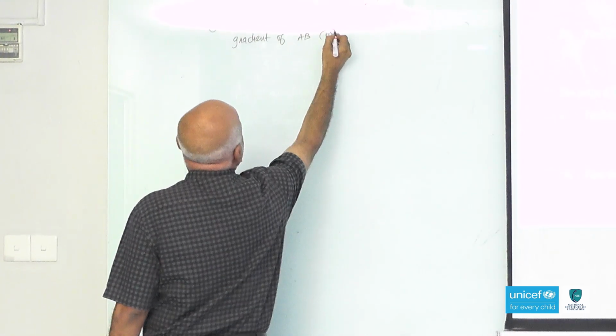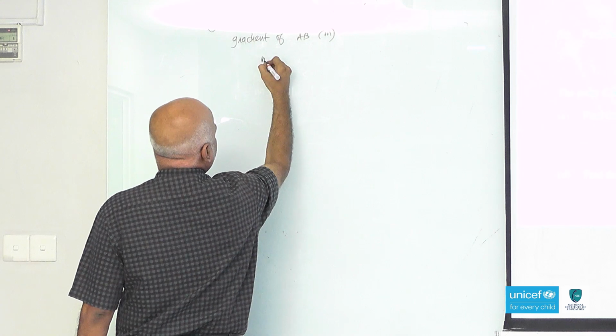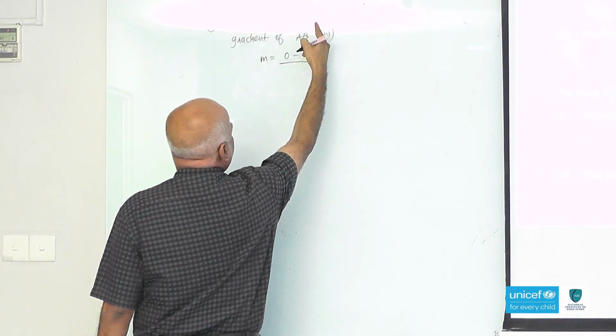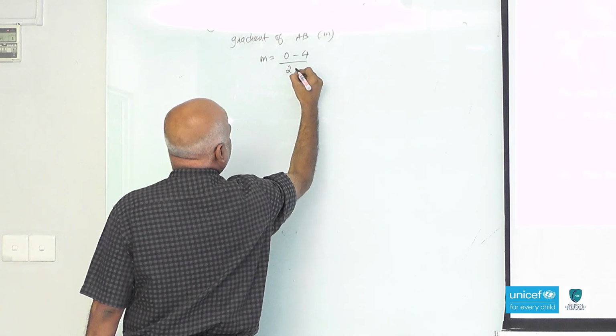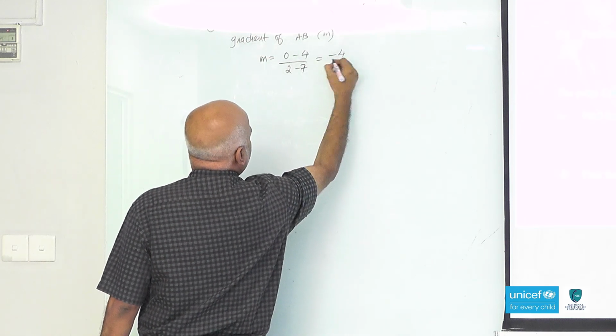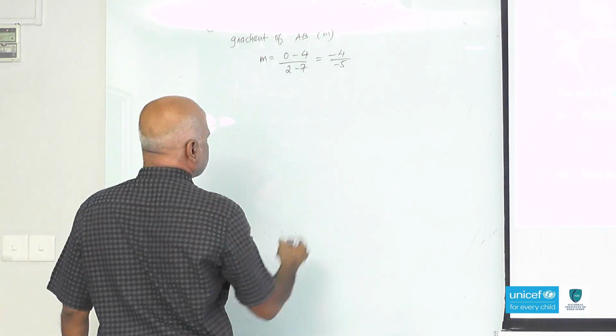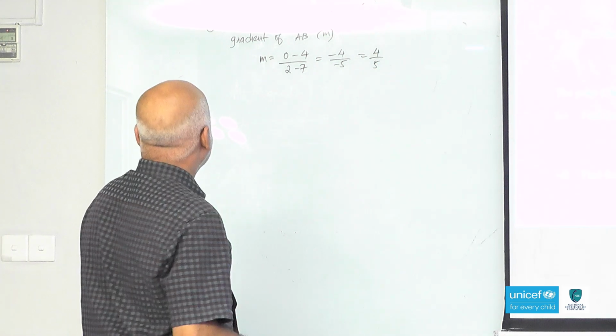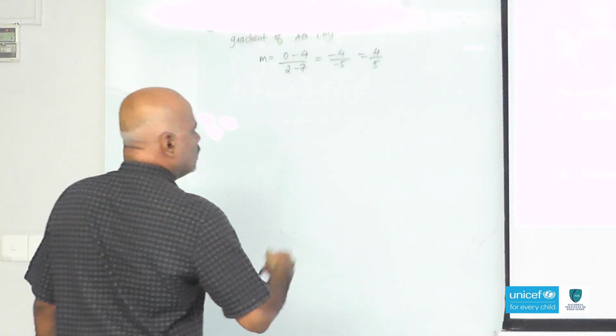I am taking it as m. So m is equal to y2 minus y1 by x2 minus x1, that is minus 4 by minus 5, which is 4 by 5. All right, the first part.